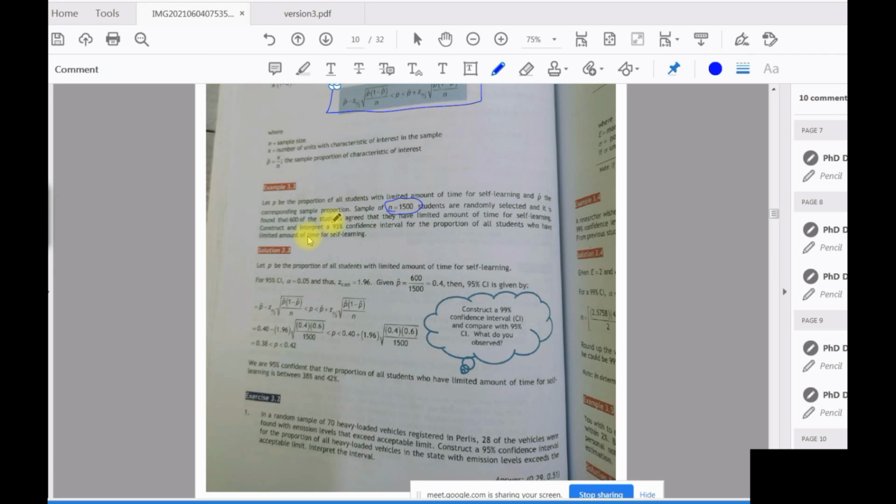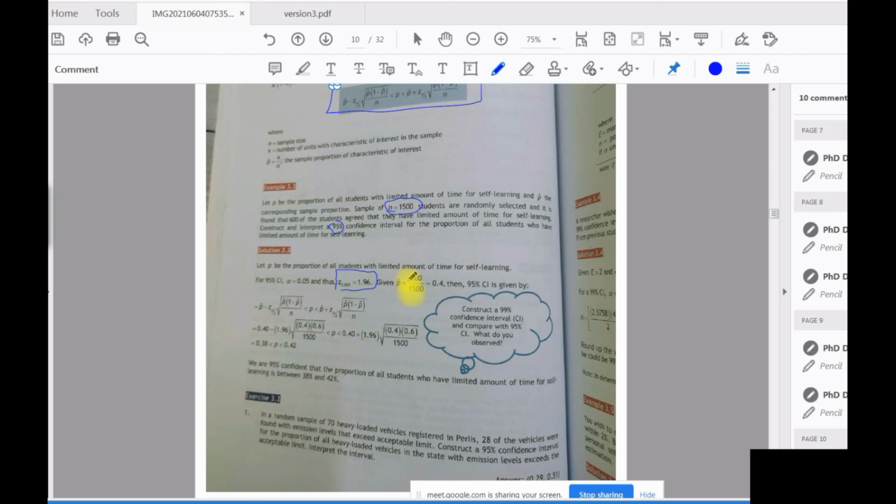So we have a 95% confidence interval. Alpha equals 0.05, so alpha over 2 is 0.025. We divide by 2, so from this we can get z from the table at the back. So we get 1.96. It's given that p hat is 600 over 1,500, which equals 0.4.